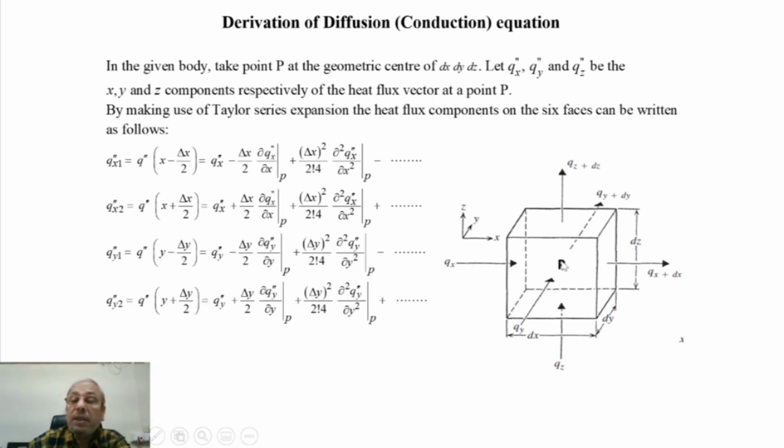This is delta y by 2 ahead of the location of the point P. So qy double prime plus delta y by 2 del y of qy double prime plus delta y by 2 square divided by factorial 2 into del 2 del y2 of qy double prime.